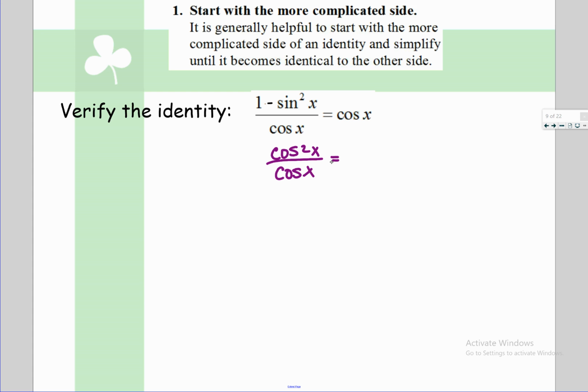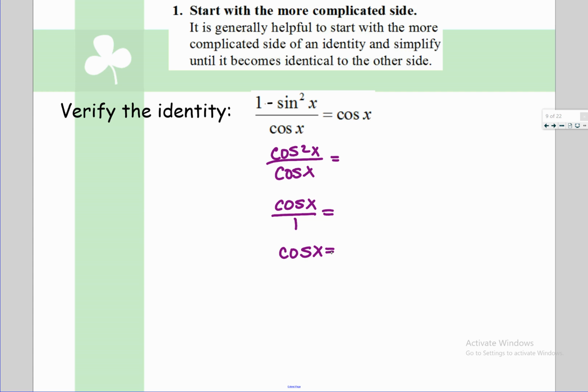Or subtract the exponents. You can think about it that way too, either one. But this is just basic algebra, right? If you've got something squared on top and something that's not squared on the bottom, you have a common factor that cancels. So if I cancel one cosine, I have a cosine on top, and I have a 1 on the bottom. And anything divided by 1 is itself. And that's what I needed to do.